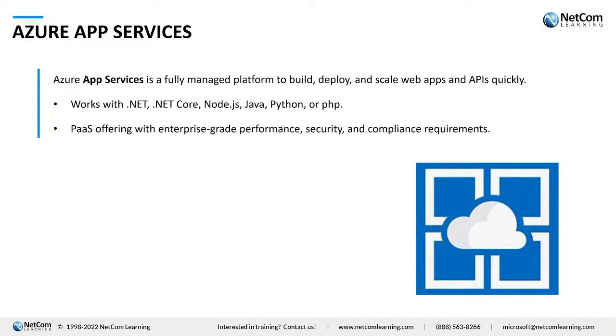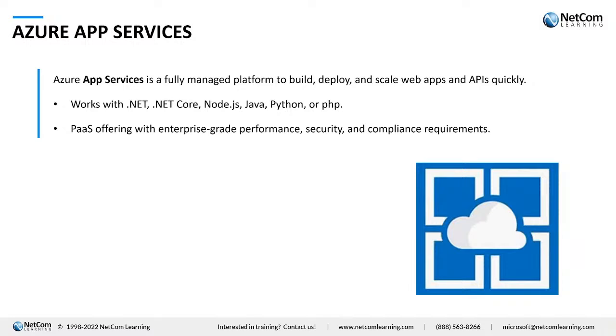So the Azure App Service is basically just a fully managed platform. And this is where you will do your building, deployment, testing, scalability, all that sort of stuff as a developer, okay? So you can apply application protocols, you can do web apps, you can do all sorts of stuff.